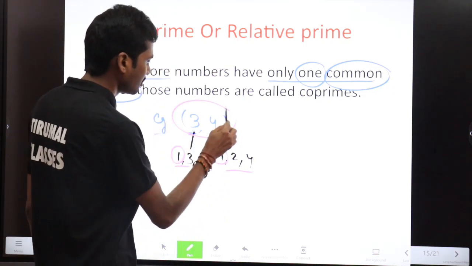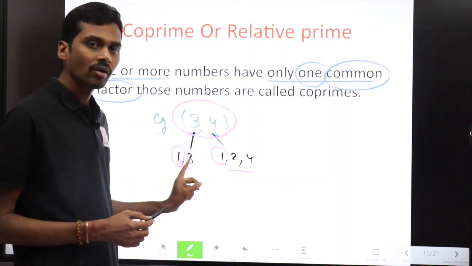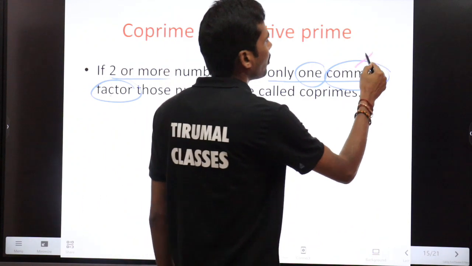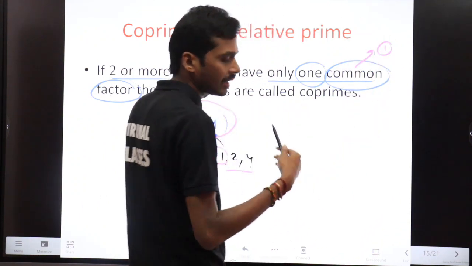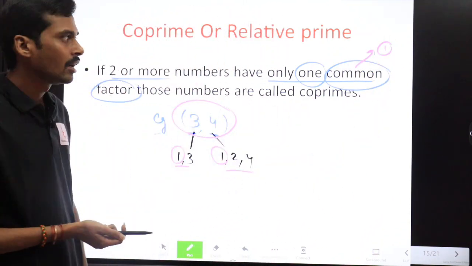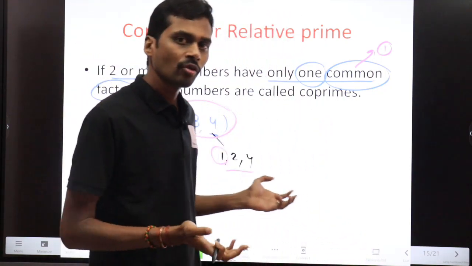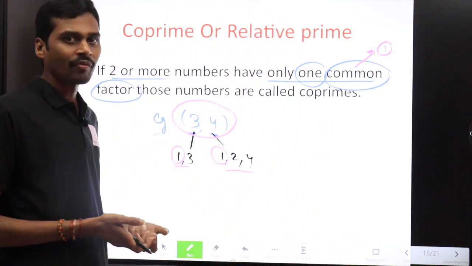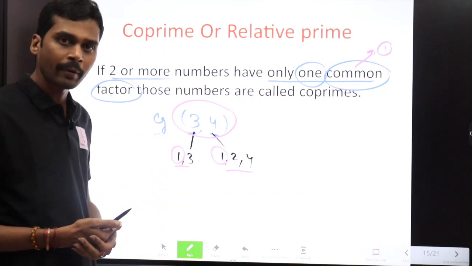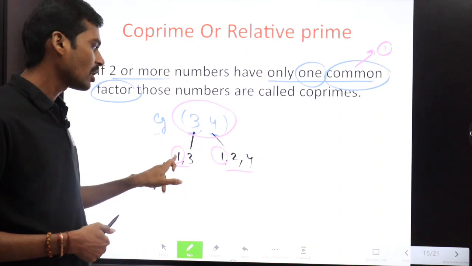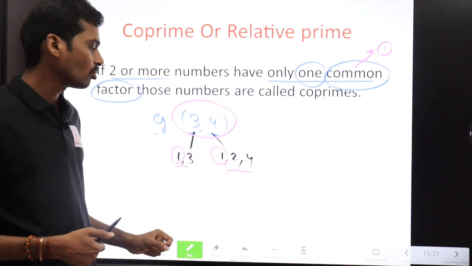So how many common factors do we have? Only one. And that common factor is obviously 1, because any number is divisible by 1, so the common factor is obviously 1 only. So if two or more numbers have only one common factor, those numbers are called co-primes or relative primes. For 3 and 4, the factors for 3 are 1 and 3, the factors for 4 are 1, 2 and 4.